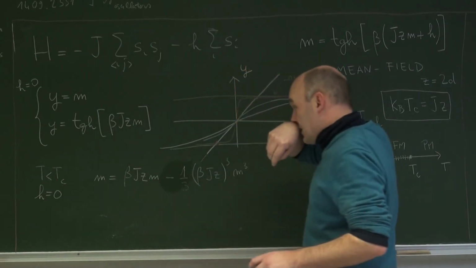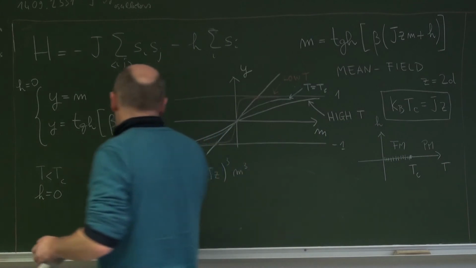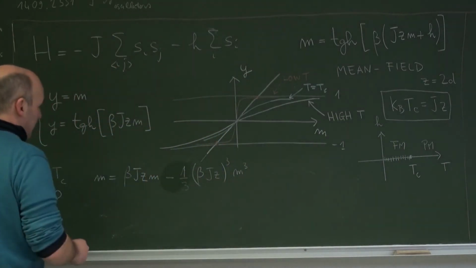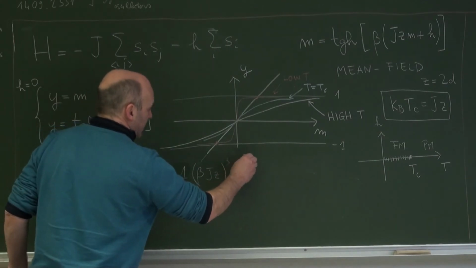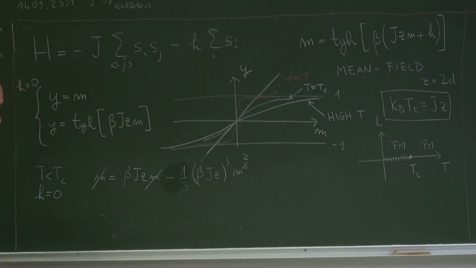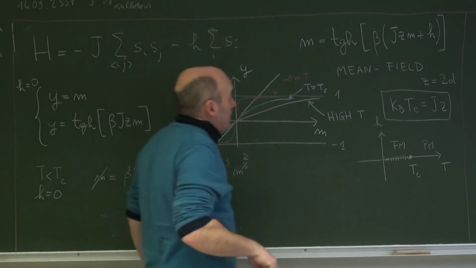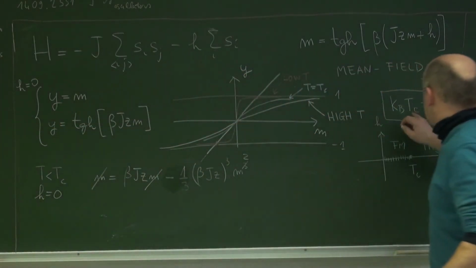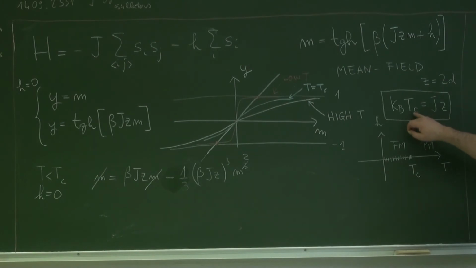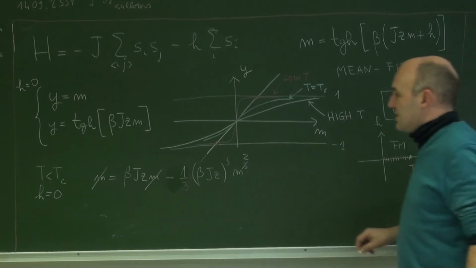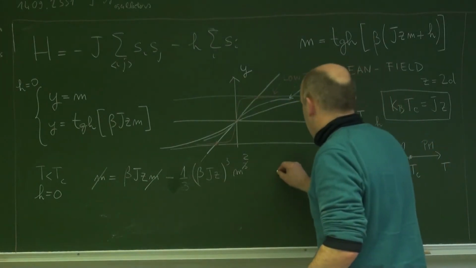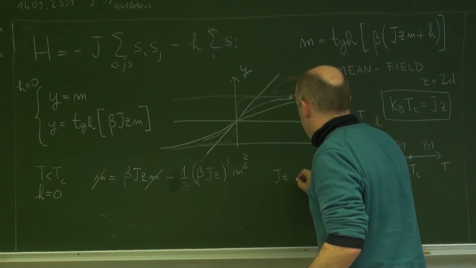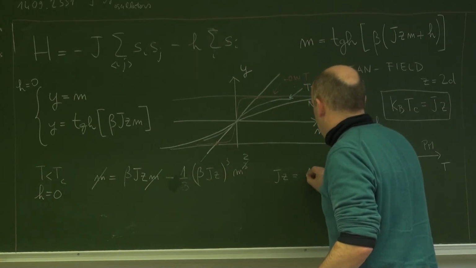So one m can be simplified here. I can get rid of this factor m, and I get an m squared. Remember that beta critical times J z is equal to 1, so J z is 1 over beta critical.